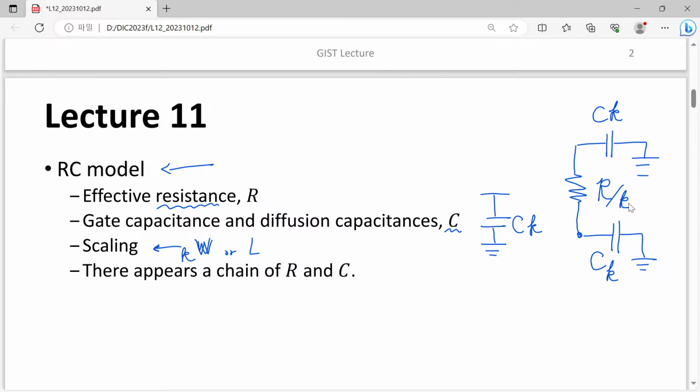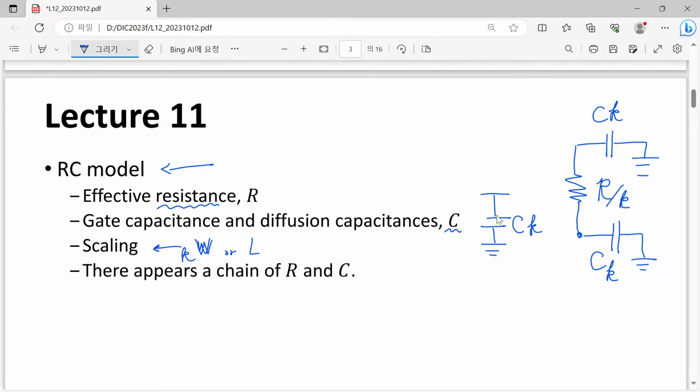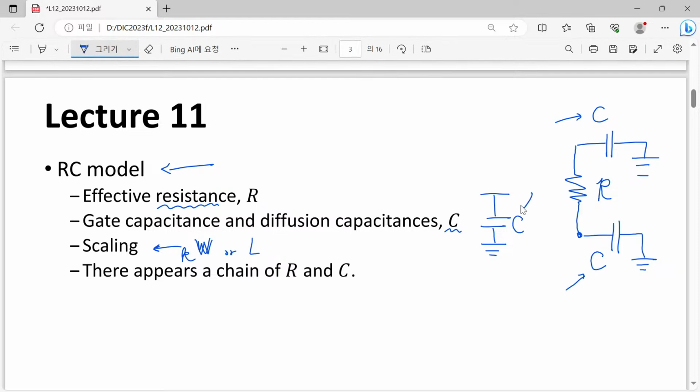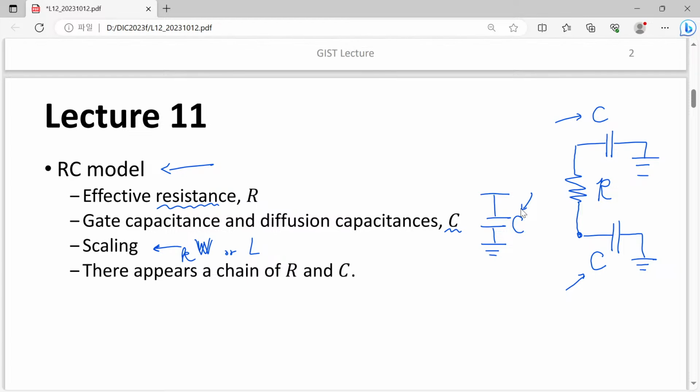However, in the case of length L, it's not, because length is related only with the channel region, so our diffusion capacitance does not change, and only our gate capacitance will be scaled with our length variation. So that was one thing we have studied.